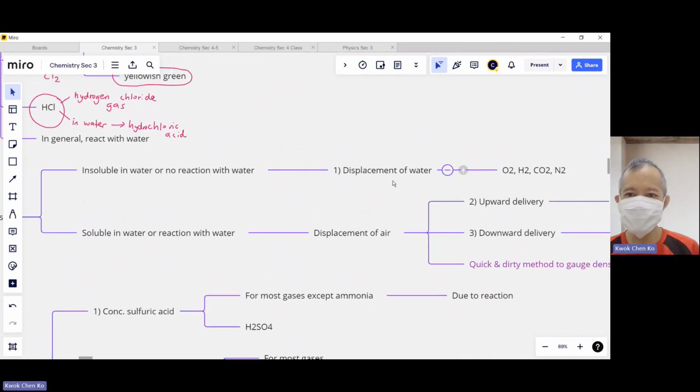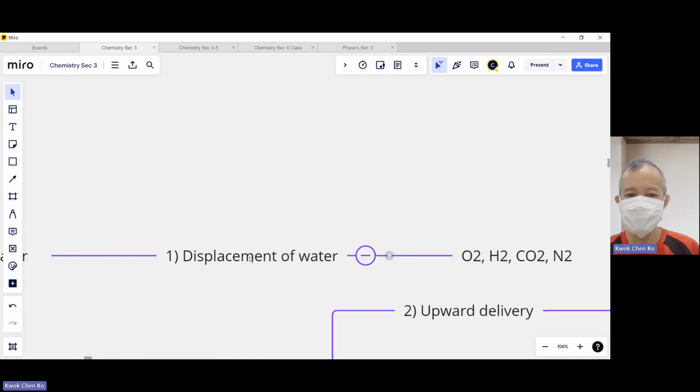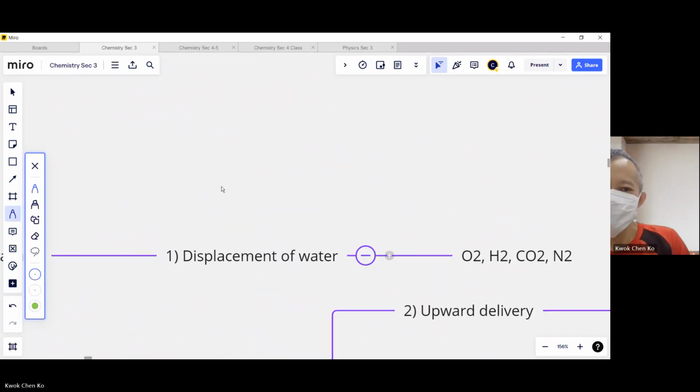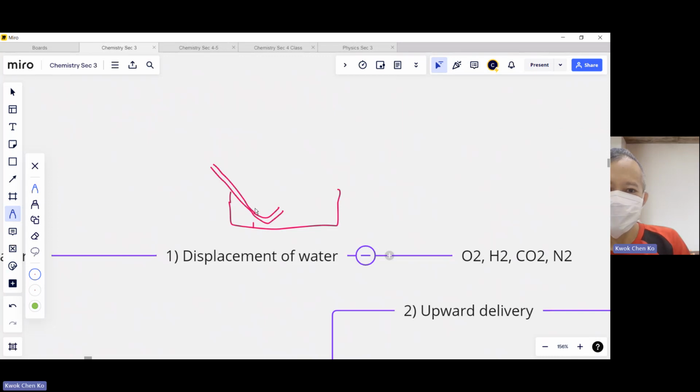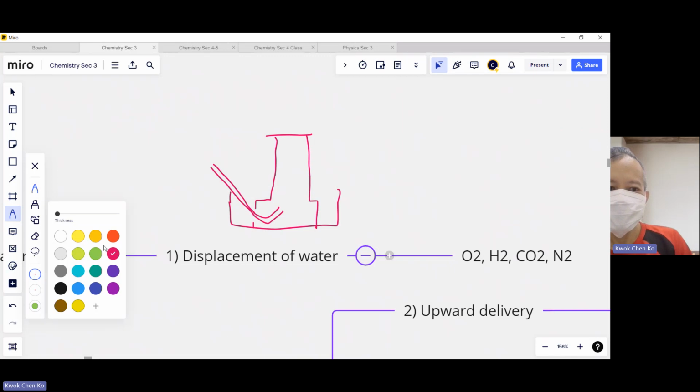Okay, let me quickly show you how it looks like. It looks something like this, very simple. There is a tube going down, then going up again. Glass tube, of course. You have a basin here, and then there is a cylinder here, usually glass, and then you fill it with water.